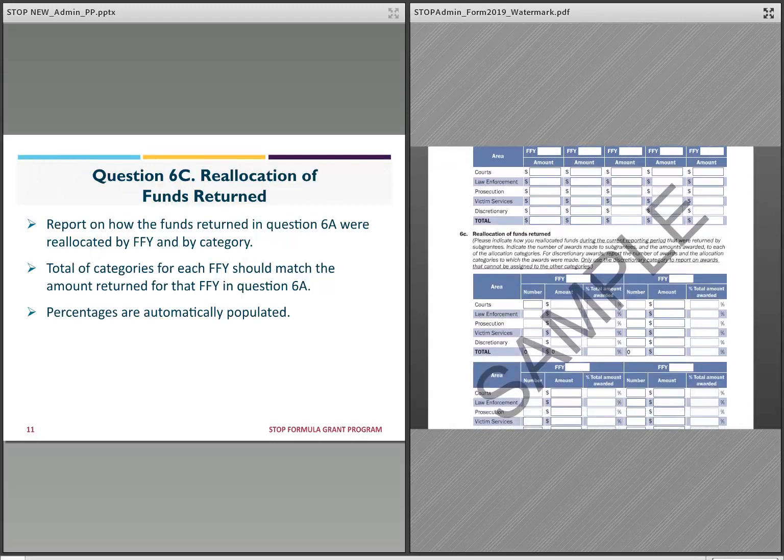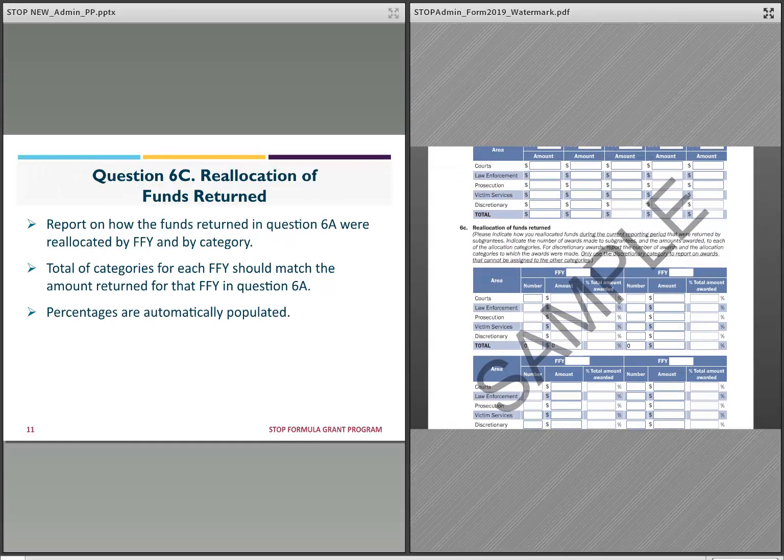In question 6C, reallocation of funds returned, report on how the funds that were returned were reallocated by federal fiscal year and by category. Again, the total of the categories for each federal fiscal year should match the amount awarded for that federal fiscal year in question 6A. The percentages here are automatically populated, so you do not need to calculate those yourself.